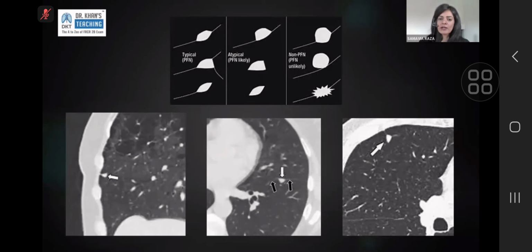So don't get into the habit of dismissing anything that is in the periphery of the lung. Yes, the likelihood of a nodule being benign is higher when the nodules are towards the periphery of the lung, or the 1 centimeter, 2 centimeter nodules next to the fissures, paramediastinal space, the perifissural subcostal space. But if the margins of the nodule themselves are irregular, it is not a lymph node.